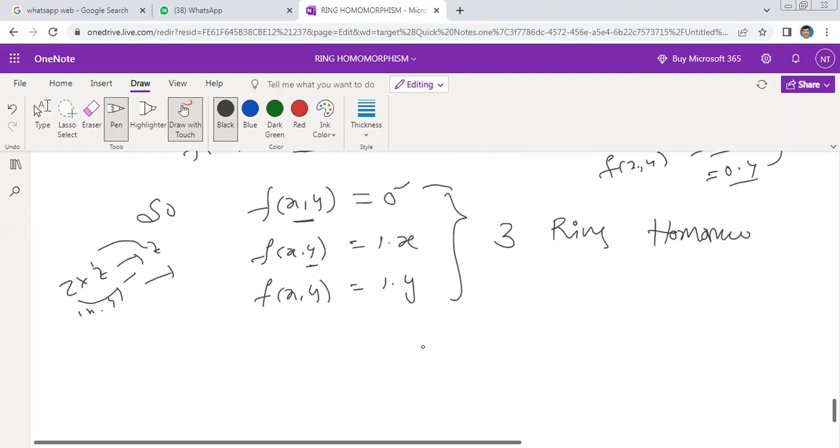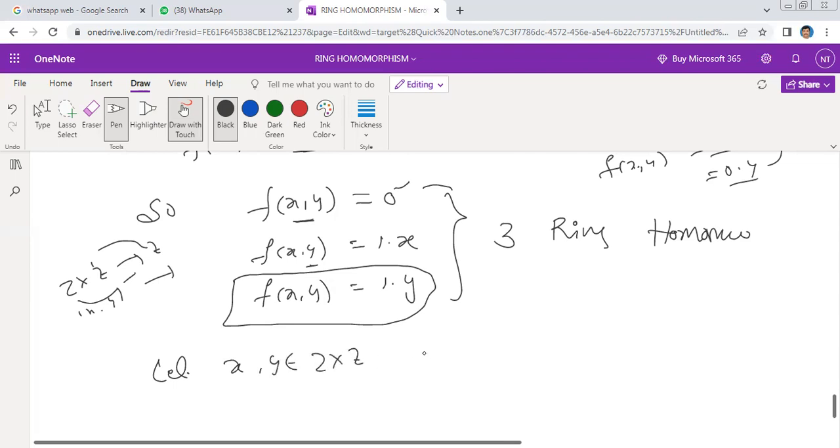For example, take any one, let us check this. Then what can we do? Let x equal x comma y belong to Z cross Z. Take any 2 elements, let x be equal to 1, 3, and y be equal to 2, 5. Both belong to Z cross Z, right?